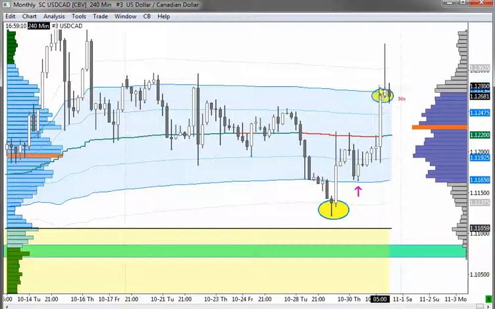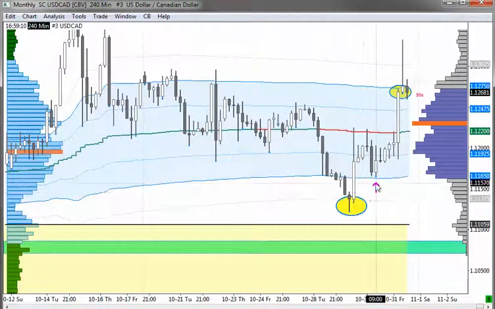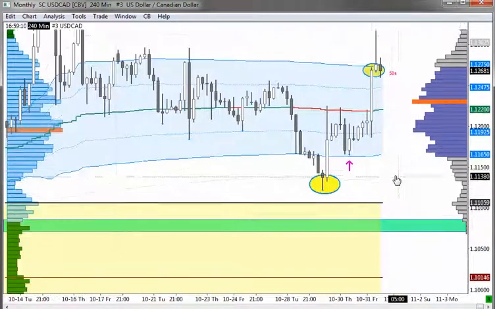So the initial move did show that there was a little bit of slowing down on the value area high, and that's typical. You should expect the value area high to be resistance, and you should expect the value area low to be support. And we couldn't break through the support, so therefore we weren't going down.